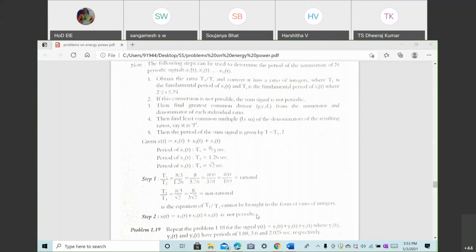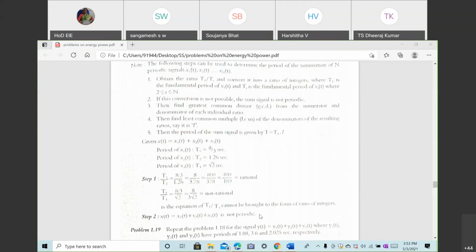Hence it is not periodic. The ratio of the first and second signal periods, we got a rational number. And the ratio of the first signal period with the third signal period, we are not getting a rational number. We are not getting it in the form of a ratio of integers, hence it is not a periodic signal.